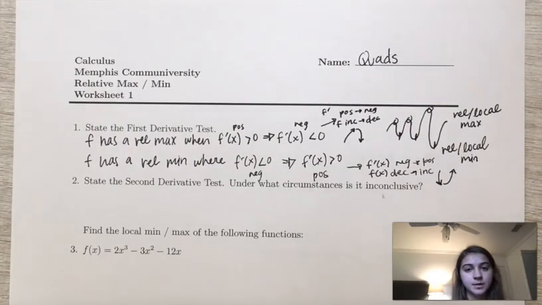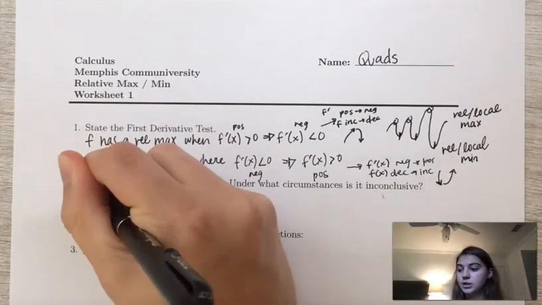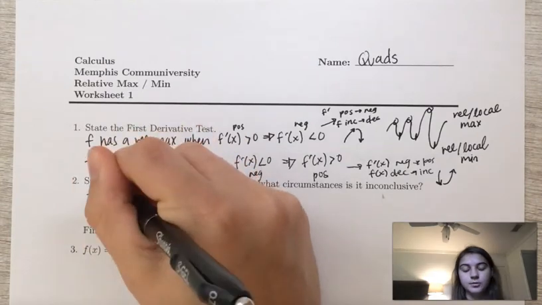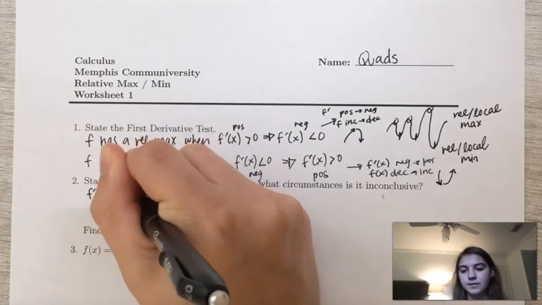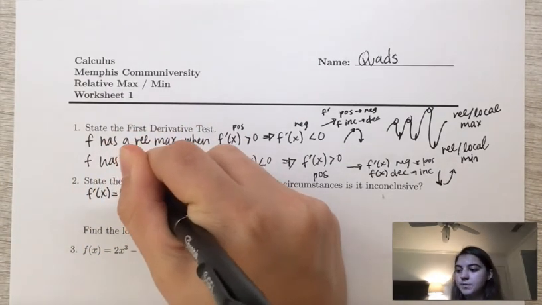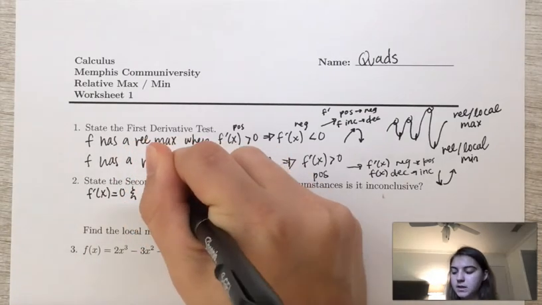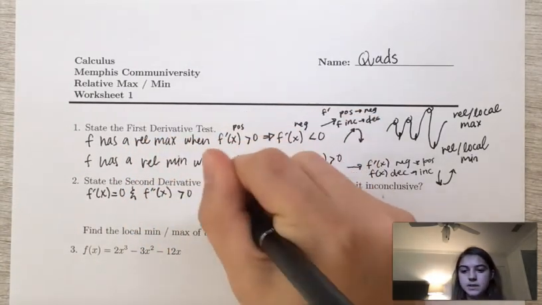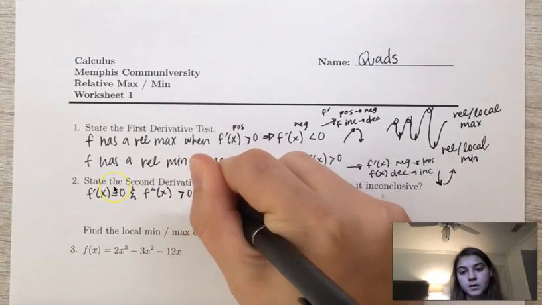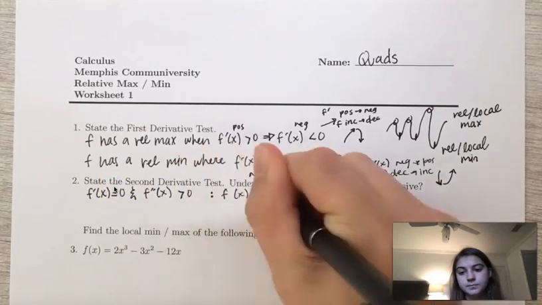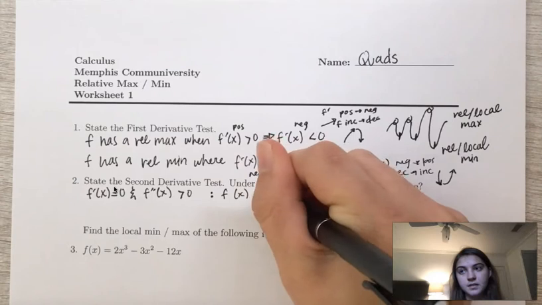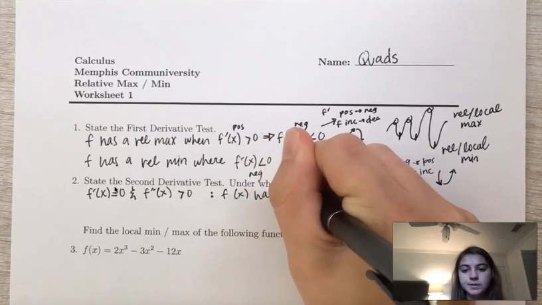So we also have something called the second derivative test. You're not going to use this nearly as much, but it should also be called the first and second derivative test because you have to use both. So your first step is going to be to take the first derivative, set it equal to 0, and get your zeros.